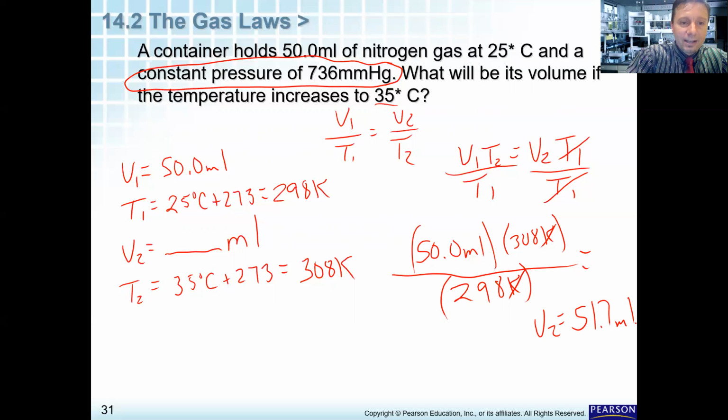So I can come up here and write that down. 51.7 milliliters. So let's look at it. It went up from 298 to 308, so the volume had to go up as well. So it went from 50 to 51.7. So it is a direct relationship. So that is your answer on this particular problem.